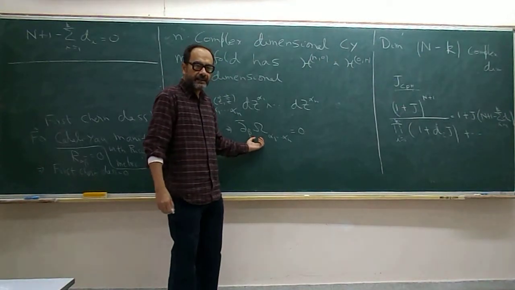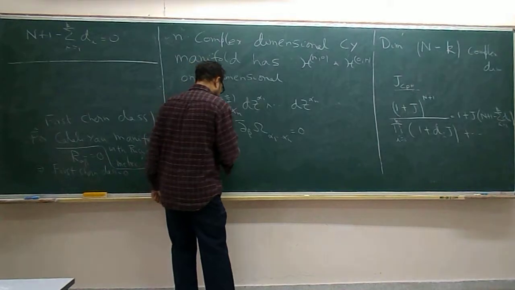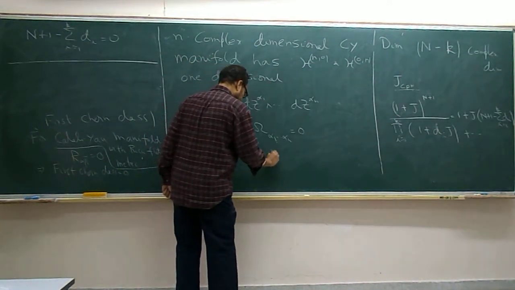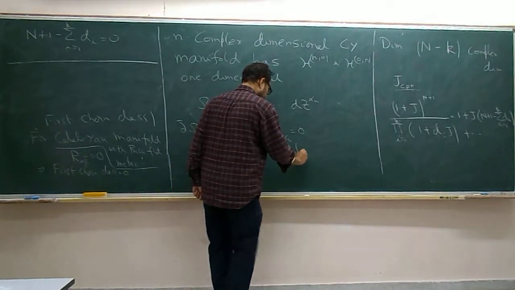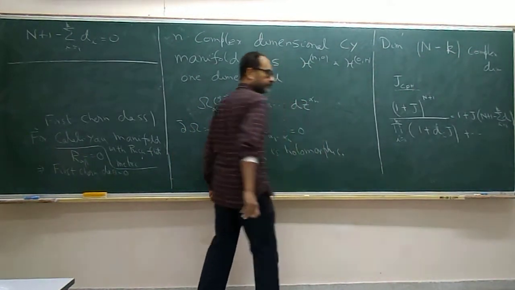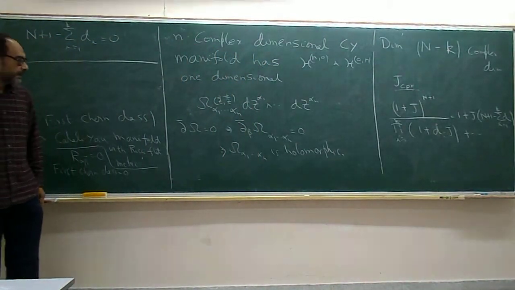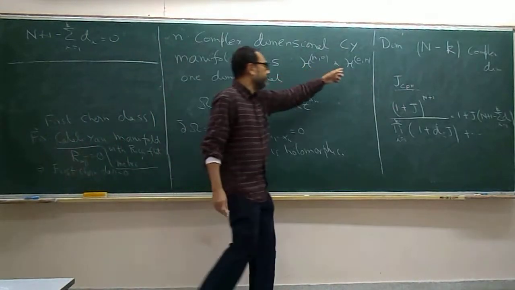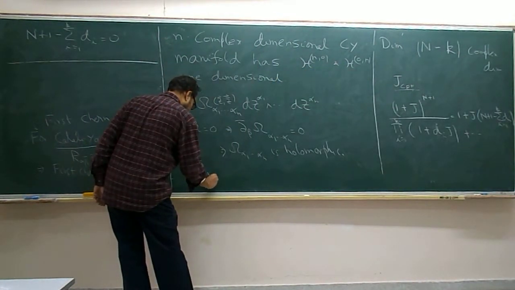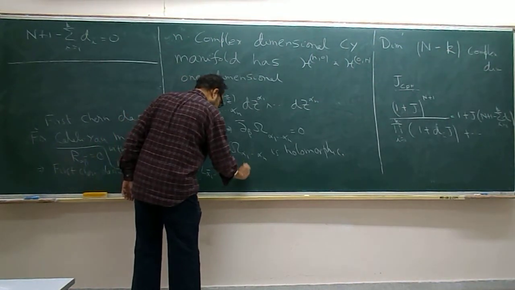So you just get del bar_beta of this equal to 0, which means that omega_{alpha 1 to alpha n} is holomorphic. And similarly, H^{0,n} means that there is an omega bar_{alpha 1 bar to alpha n bar} which is anti-holomorphic.